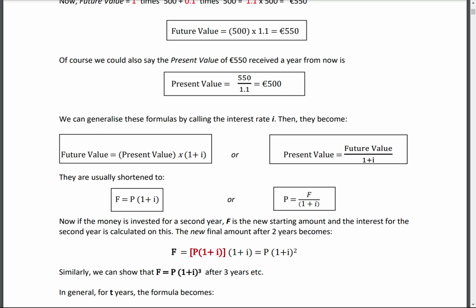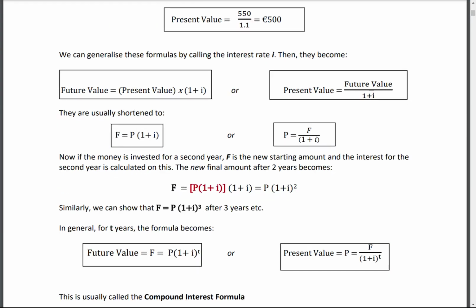We can divide across by 1 plus I, and we get present value is future value over 1 plus I. Or we can just shorten it to F equals P into 1 plus I, where F is final value or future value, and P is the present value of your money. And here it is again rearranged. If you have the future value and you divide by 1 plus I, you're back to the present value.